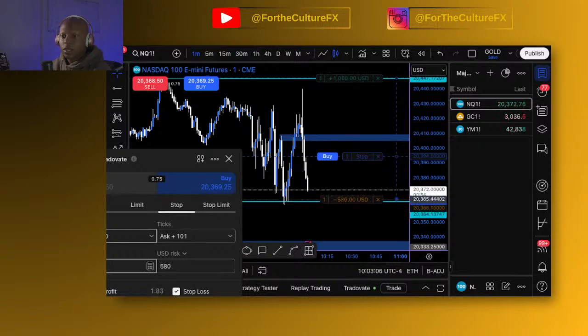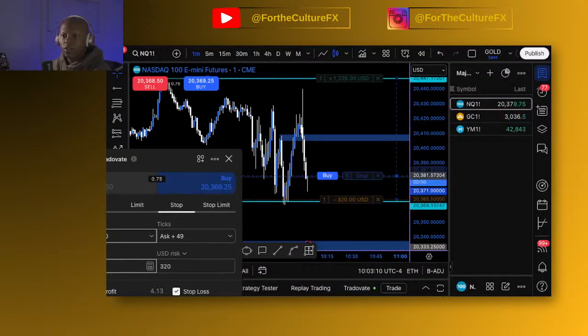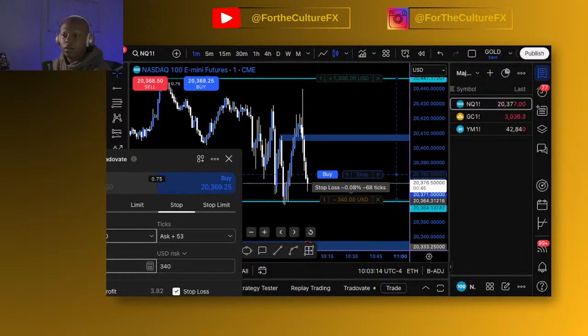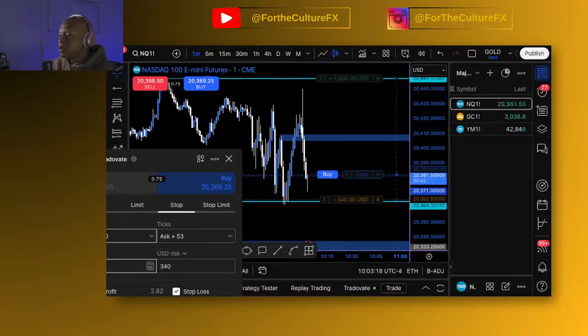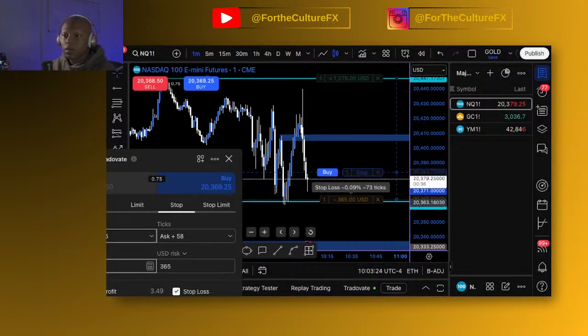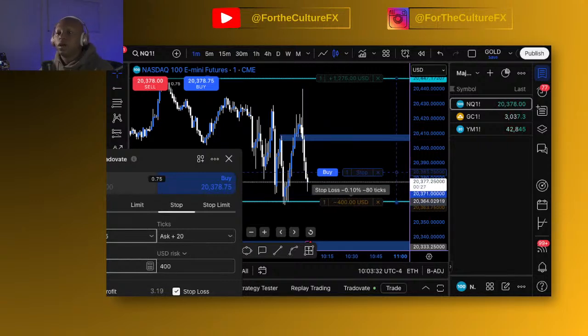All right, so we just tapped into the premium zone. This is a great buy entry location if we get our candle confirmation. Just being patient for the candle confirmation. No confirmation yet.